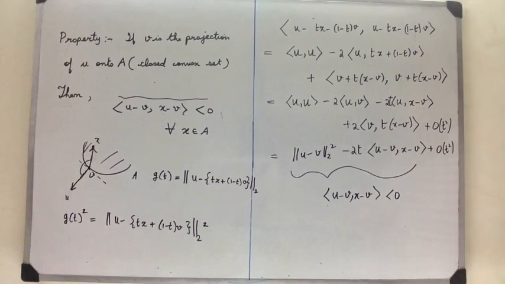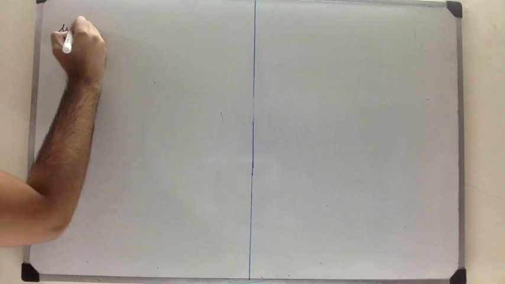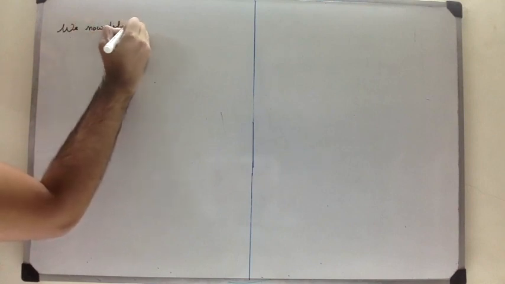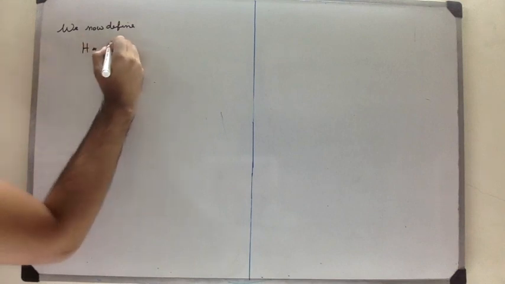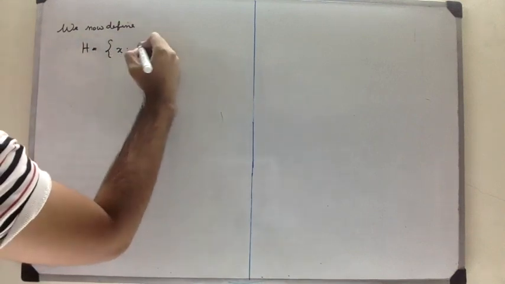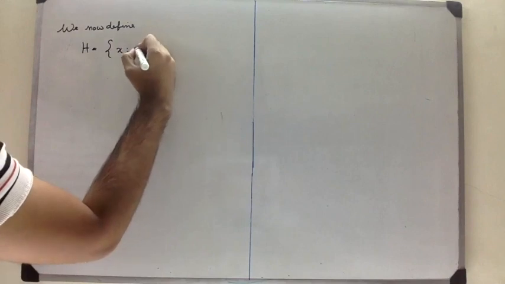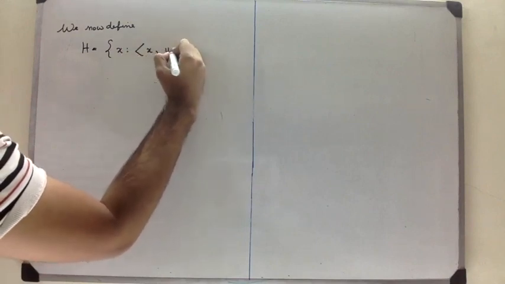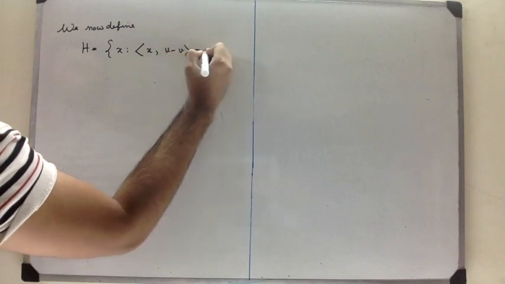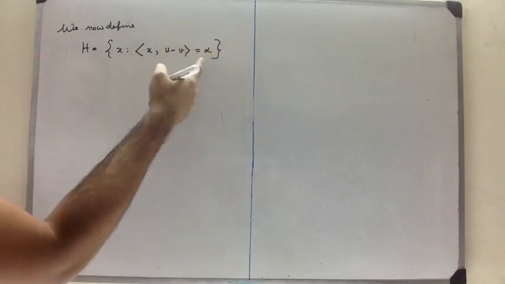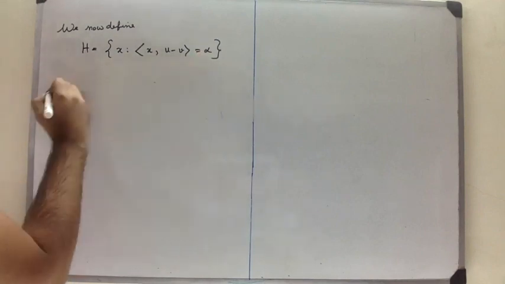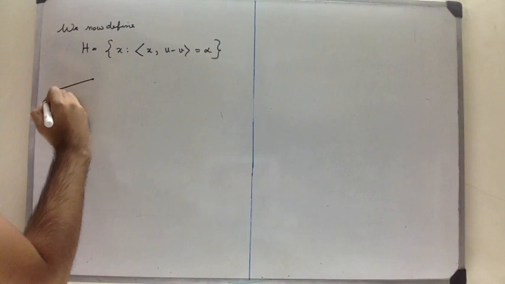We now use this to prove the existence of a hyperplane. We now define our hyperplane H to be the set of all x such that, so we'll determine this constant alpha from the condition that it has to pass through the midpoint between u and v.